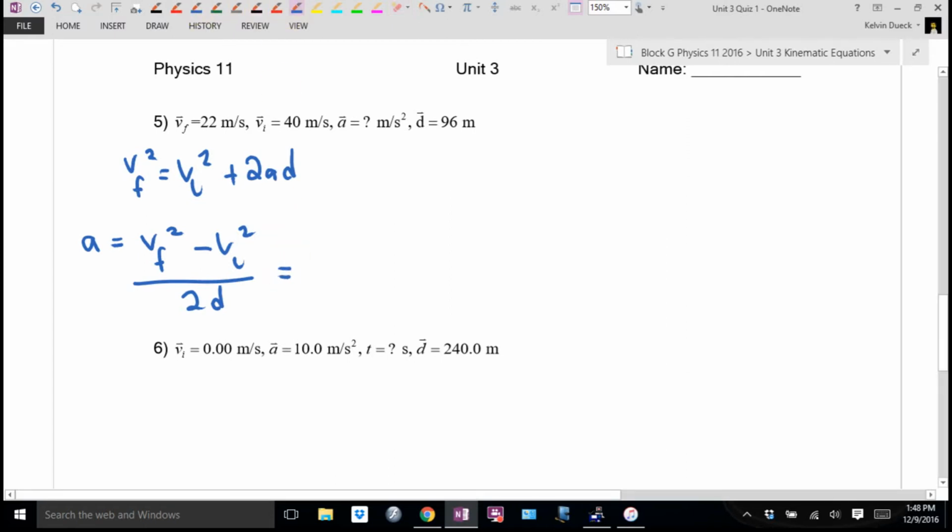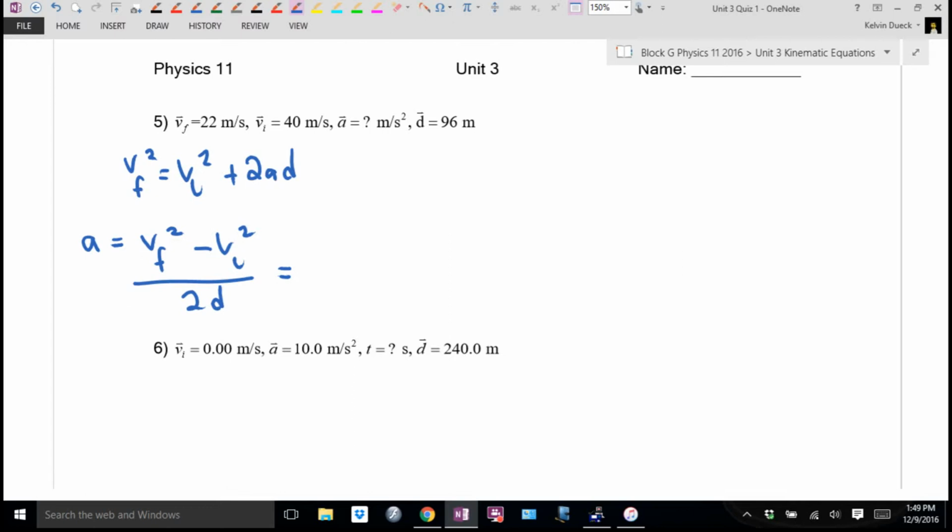Not joking. I glanced at the numbers here. Spencer, just read. What's VI? 40. What's VF? Am I speeding up or slowing down here? Look at the numbers. I'm going to ask you the same question, just phrased differently. On my calculator, will I expect a positive acceleration or a negative acceleration?